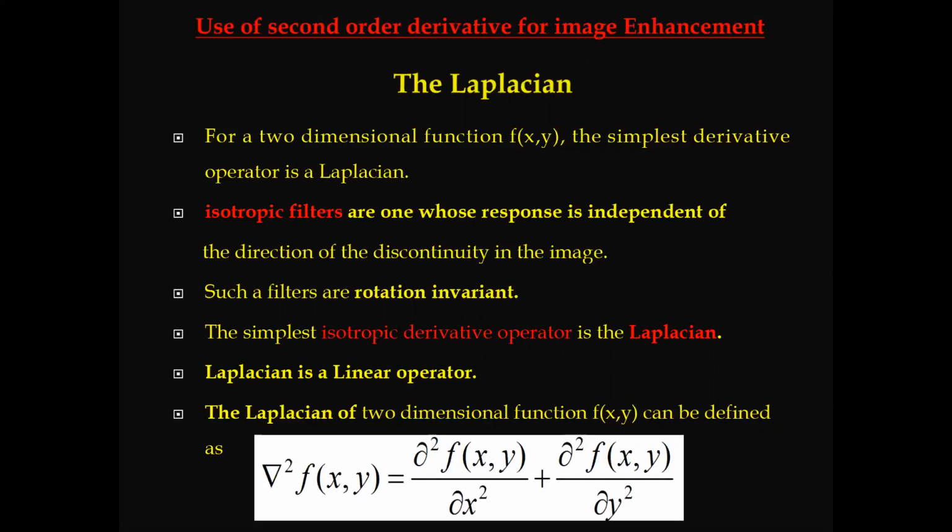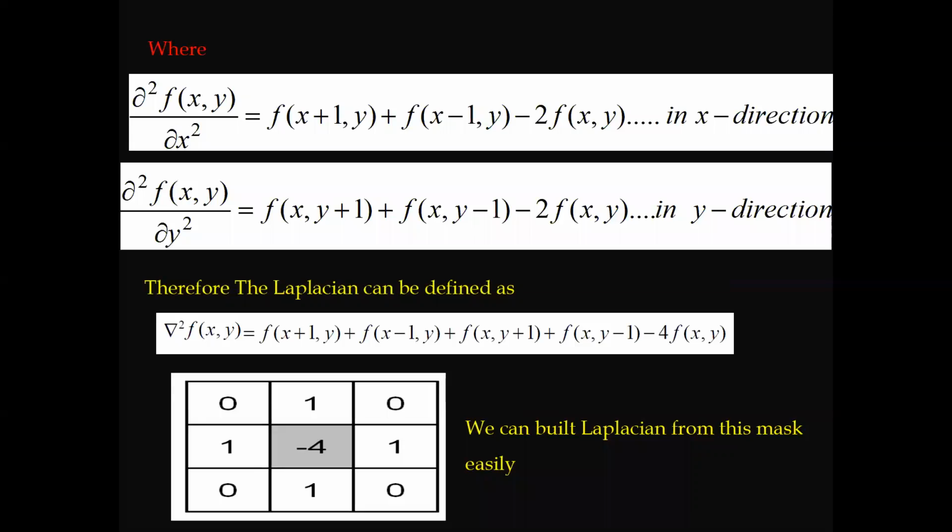Please remember, the Laplacian operator del square f of x comma y is equal to dou square f by dou x square plus dou square f by dou y square, where dou square f by dou x square is equal to f of x plus 1 comma y plus f of x minus 1 comma y minus 2 into f of x comma y in the x direction, and dou square f by dou y square is equal to f of x comma y plus 1 plus f of x comma y minus 1 minus 2 into f of x comma y in the y direction.